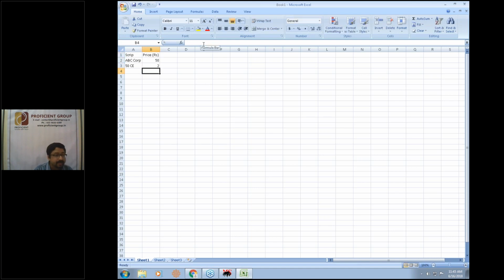Let us also take another 50 strike put, and let us assume ideally it should also trade at rupees 2, right?